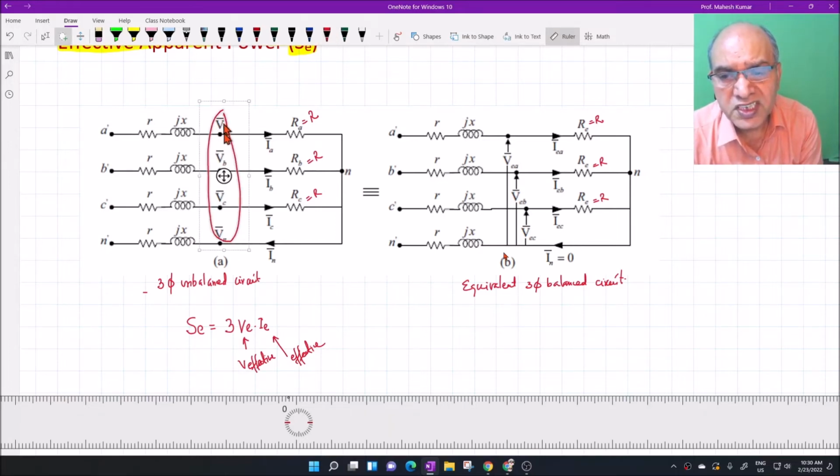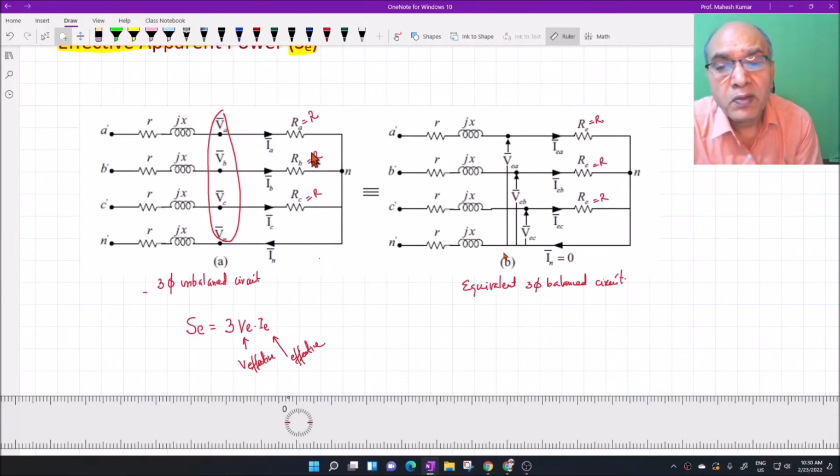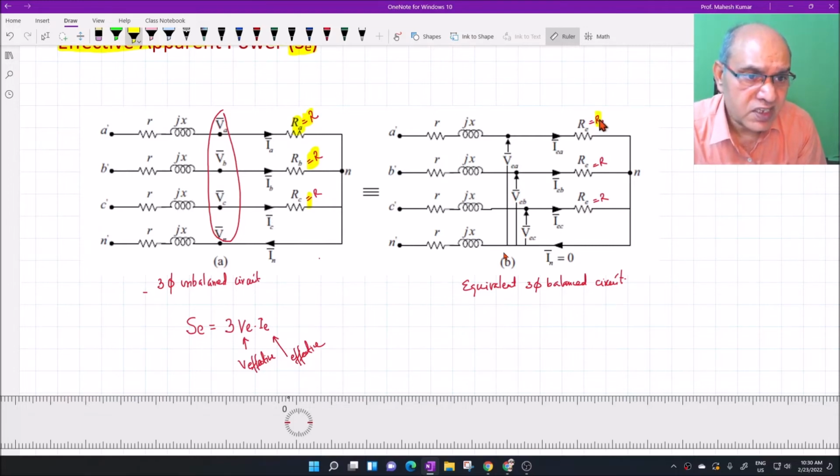So if the voltages are unbalanced, obviously the current will be unbalanced even though we have identical resistance in each phase. Getting my point? Even though we have the same resistance, since the voltages are unbalanced, current will be unbalanced. Now in this case, we have the same resistance, but voltages are balanced and therefore currents are also balanced.